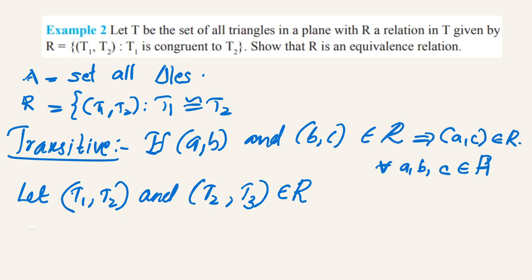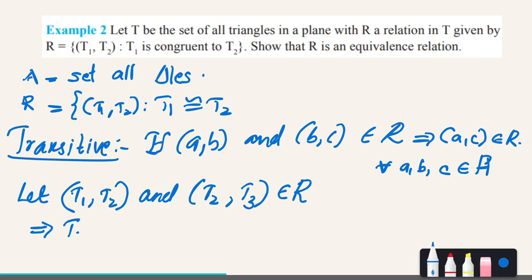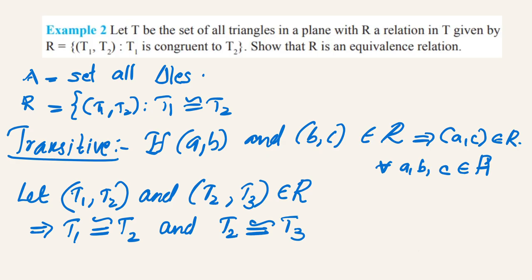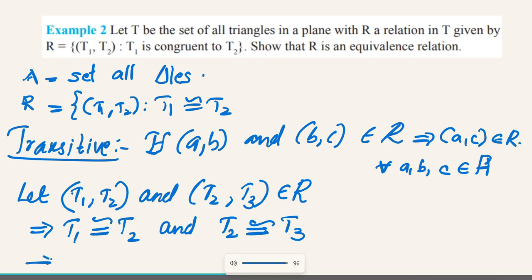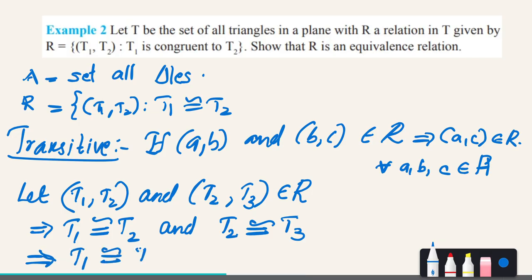If (T1, T2) belongs to R, we can say that T1 is congruent to triangle T2, and (T2, T3) belongs to R means T2 is congruent to T3. If the first triangle is congruent to the second triangle and the second triangle is congruent to the third triangle, then obviously we can say that T1 is congruent to T3.